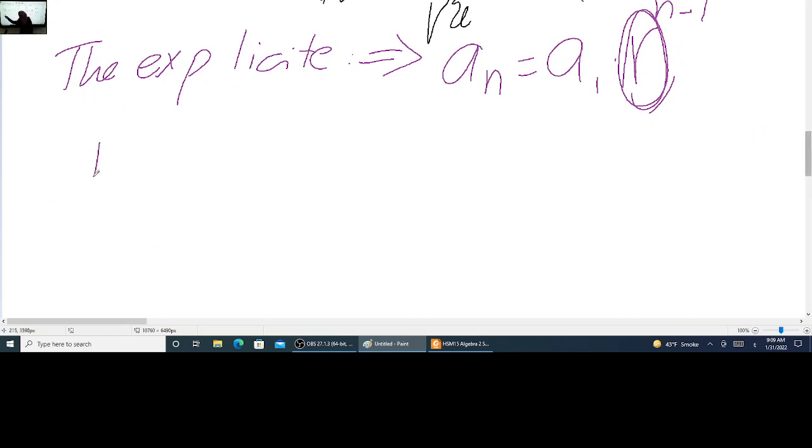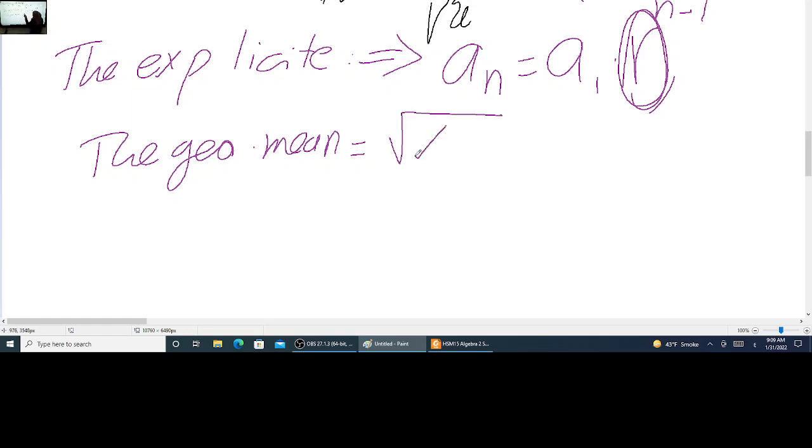And the geometric mean is the square root of x times y. We use this to find the missing term.